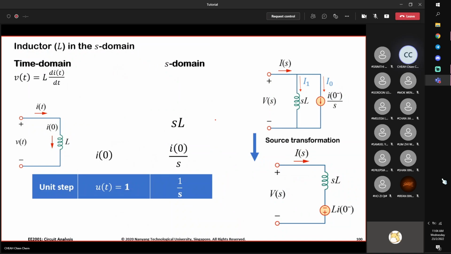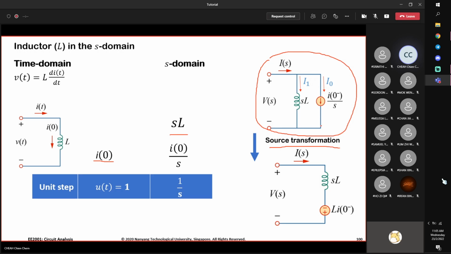Now, these are all inductors, right? So as I said, remember these circuit models, and then transform into the other form if necessary by source transformation. This is easy to remember. Just write down SL, and the constant current initial condition in the Laplace domain is I0 divided by S, in parallel.